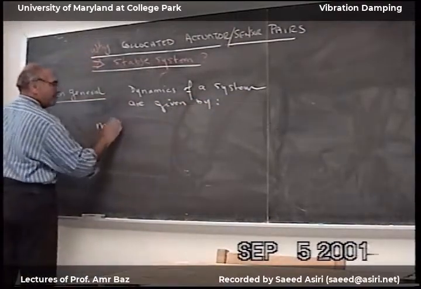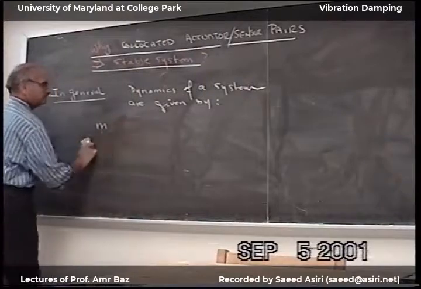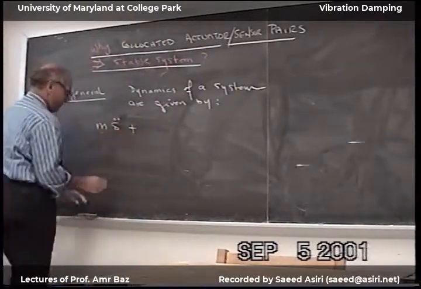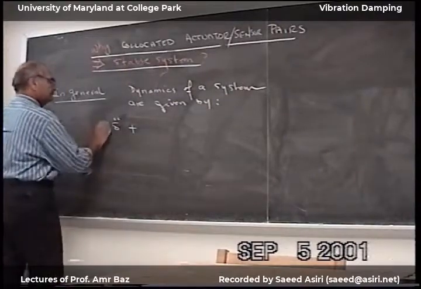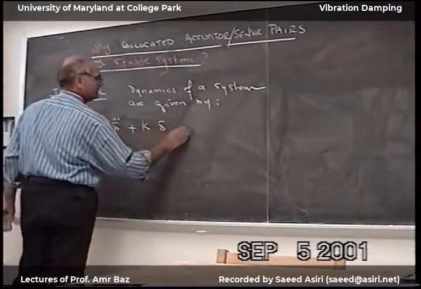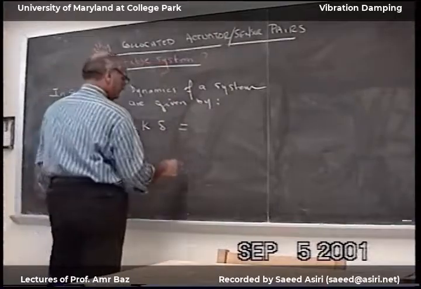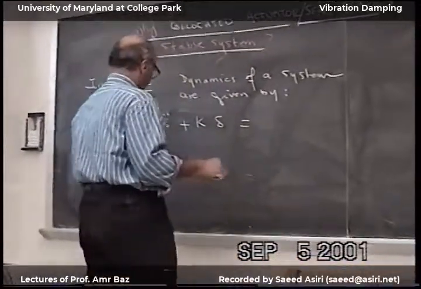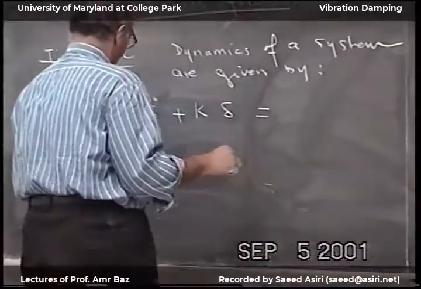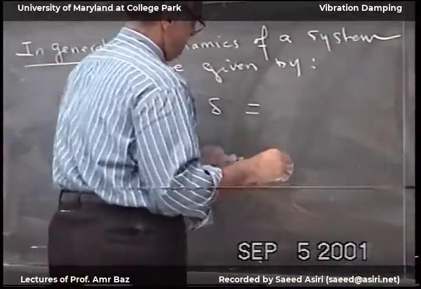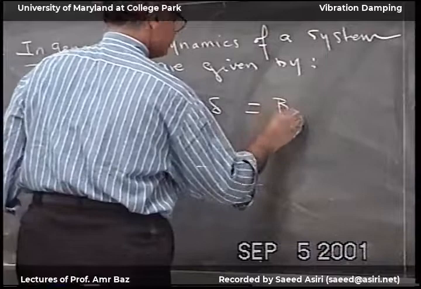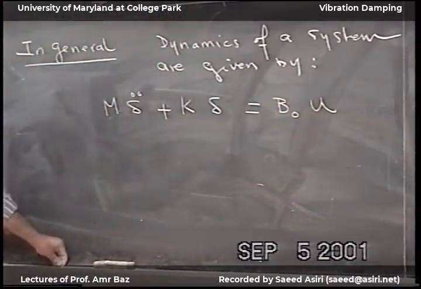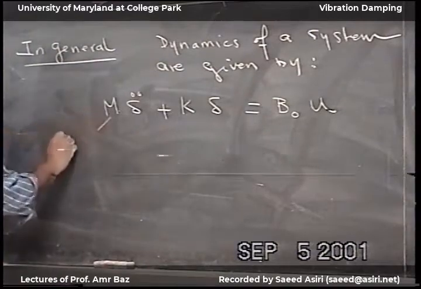M, delta double dot. This is the mass matrix.